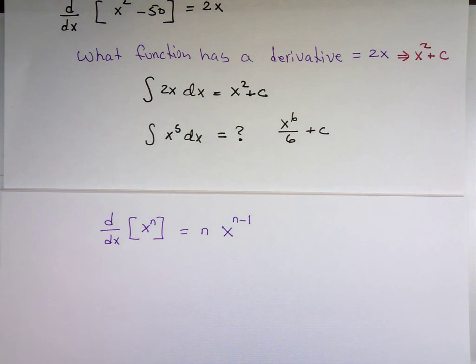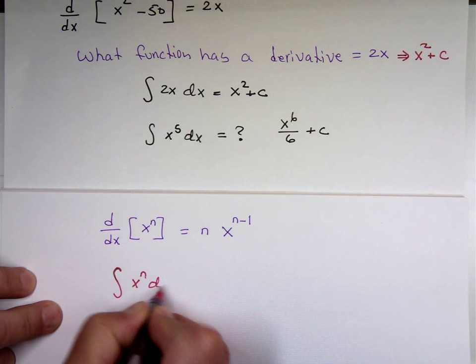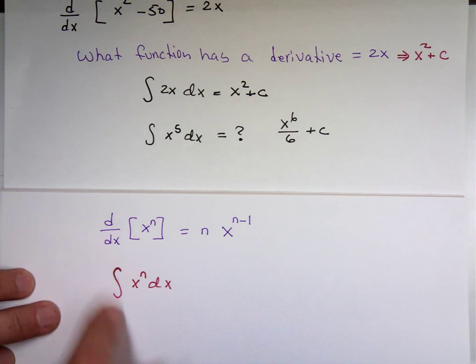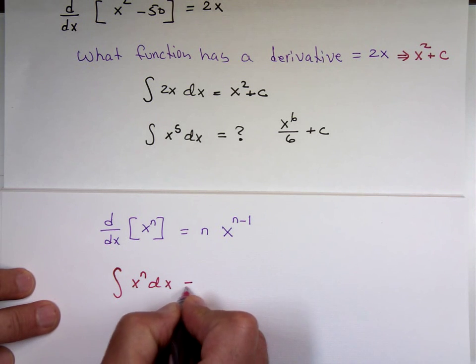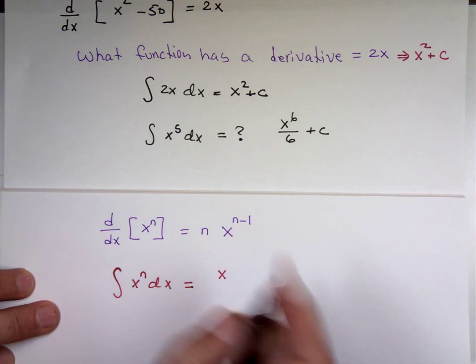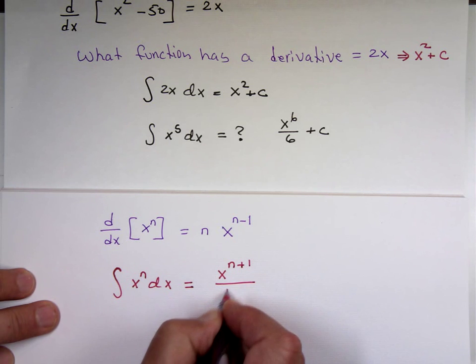Here's the integral. The integral of x to the n dx. That's called an indefinite integral. It doesn't have numbers on it. Notice on the bottom or the top there are no numbers here. The answer is we add 1 to the power. We do the reverse of that. We add 1 to the power and we divide by the new power.